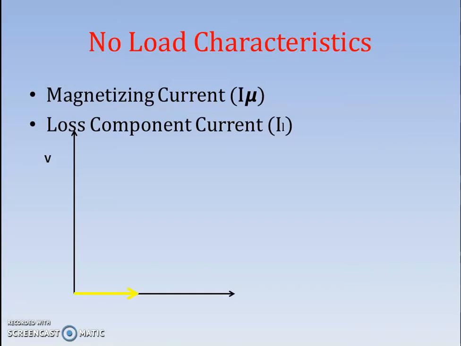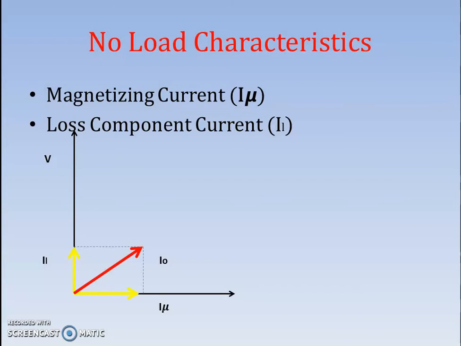Along the flux axis, we have the current component known as the magnetizing component, which is lagging by 90 degrees to the voltage axis. In phase with the voltage, we have the loss component, and based on these two components we have our no-load current. So this is our no-load current.